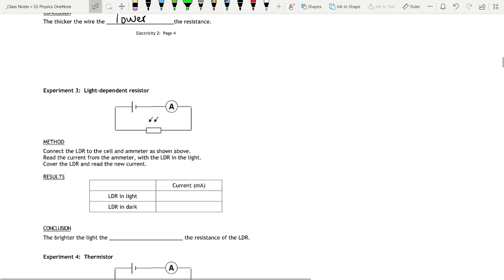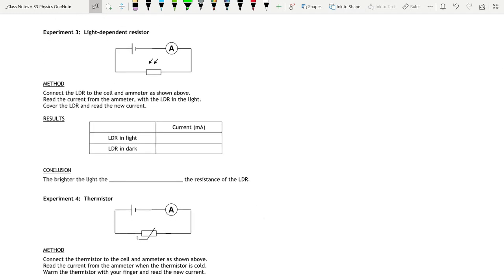Okay, the light-dependent resistor. What did you get for your results? Anyone at the back? 0.2. Okay. So what did you get? The brighter the light, the resistance of the LDR. Yeah. So the current is much higher in light, so the resistance is much lower.